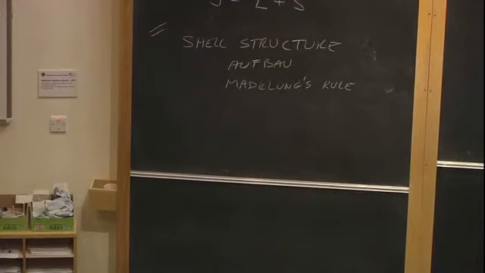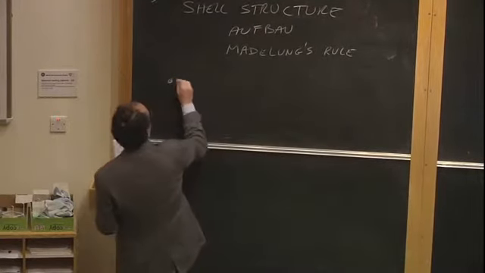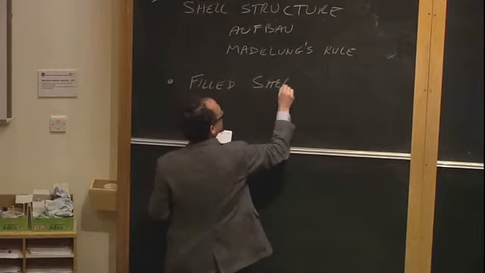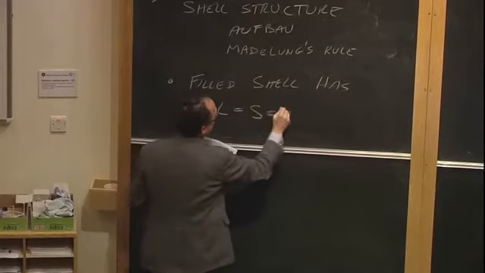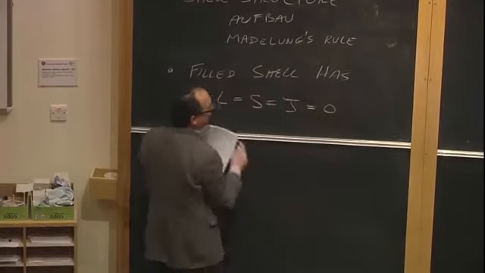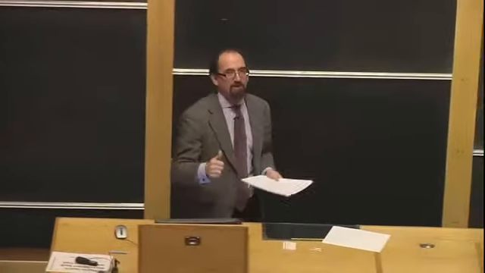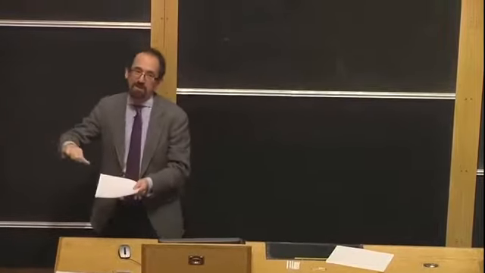And the reason that's going to help us out a lot is because there's an important principle that a filled shell has L equals S equals J equals 0. No angular momentum at all in a filled shell. Why is that? Well, we filled every orbital with a spin up and every orbital with a spin down, so the total spin is 0.